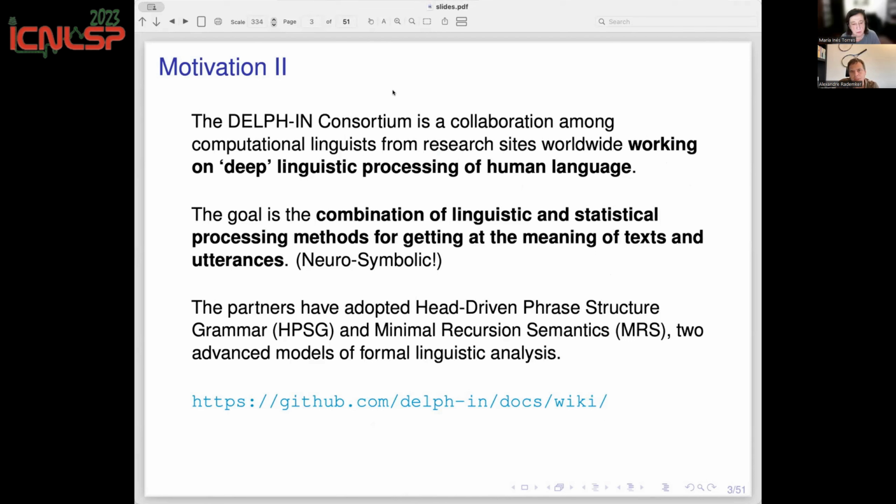This consortium has been exploring that for a while: the idea of how to combine deep semantic and symbolic representation with statistical methods for extracting semantics of text. The two main pieces of theory they use are HPSG for representing grammars and MRS as a representational language for the semantics.